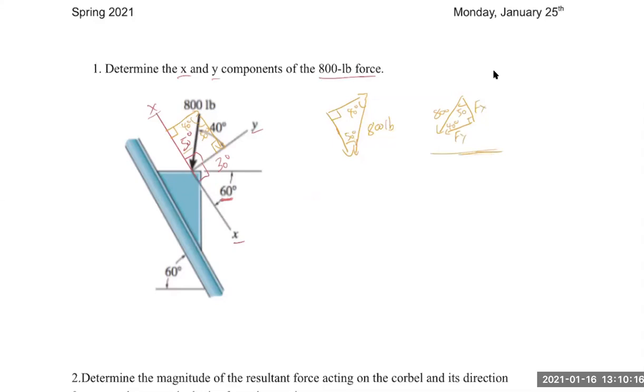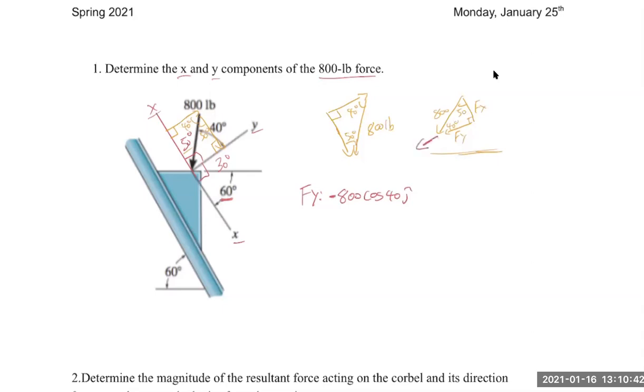Let me use a different color. So Fy, we know that Fy is going to be that force, 800 pounds, times the cosine of 40. j hat just means that it's in the y direction. And we know that this is a negative sign because the vector is pointing this way.